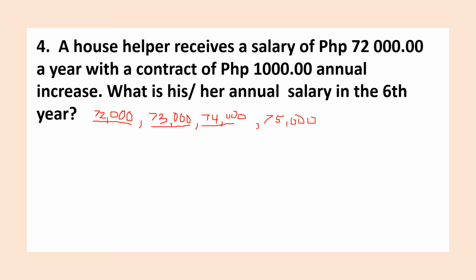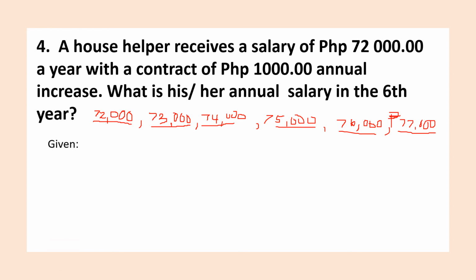Yung fifth year ay 76,000. And yung pang sixth year ay 77,000. So, ibig sabihin, ang salaryng natanggap ng house helper sa ika-6th year niya ay 77,000 pesos.